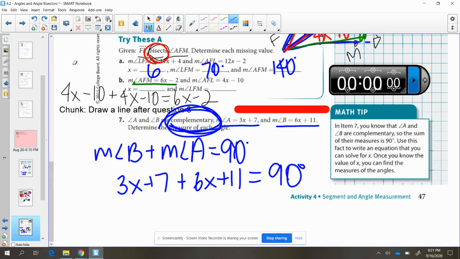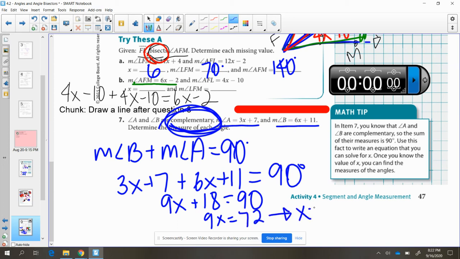And if we combine like terms on the left and then eventually start subtracting from the right on both sides, we end up getting x to equal 8. And we always want to double check, can I stop there? Because notice it doesn't say anything about x, it wants the measure of angle.